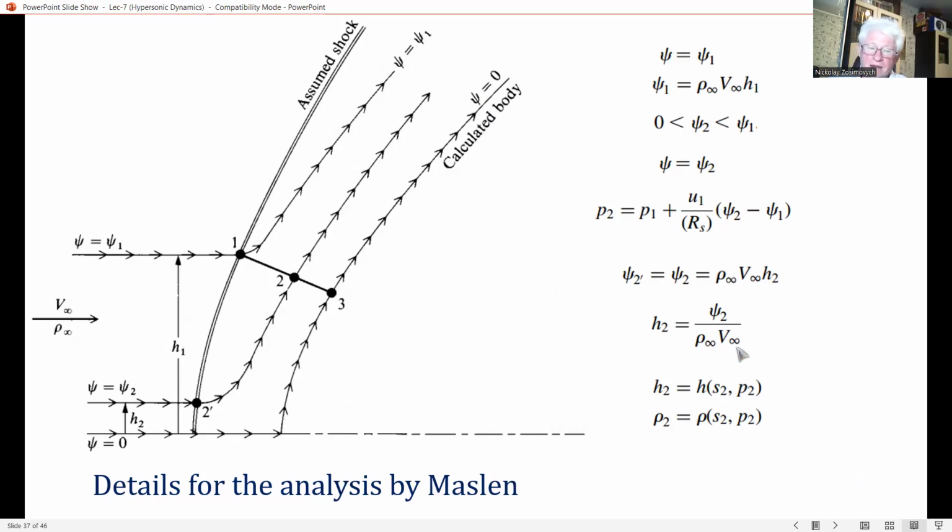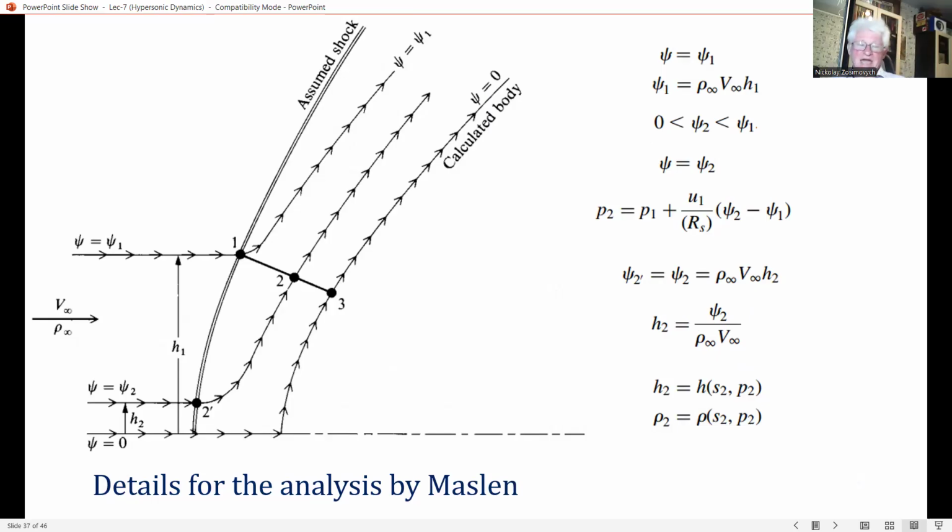S2 prime is known from the oblique shock relation. And because the flow is isentropic along any given streamline, we may say that S2 must equal S2 prime.